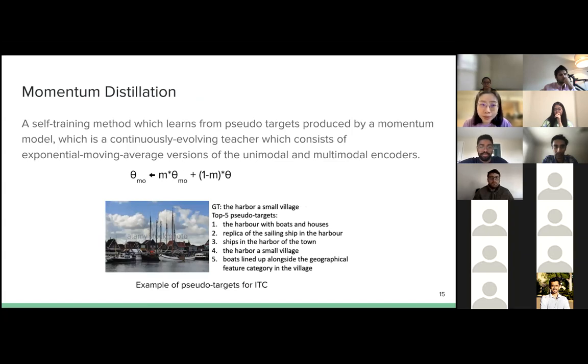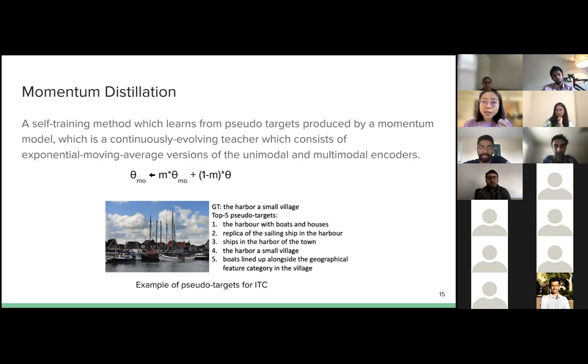I want us to look at the momentum distillation, which is used along with the three training objectives to teach the model to learn a little better. The motivation behind this is that when we have a lot of noisy image-text pairs from the web, sometimes the caption might not correlate with an image very well, or sometimes there are potential candidates among your queue of other texts that might describe your image equally well, even better.